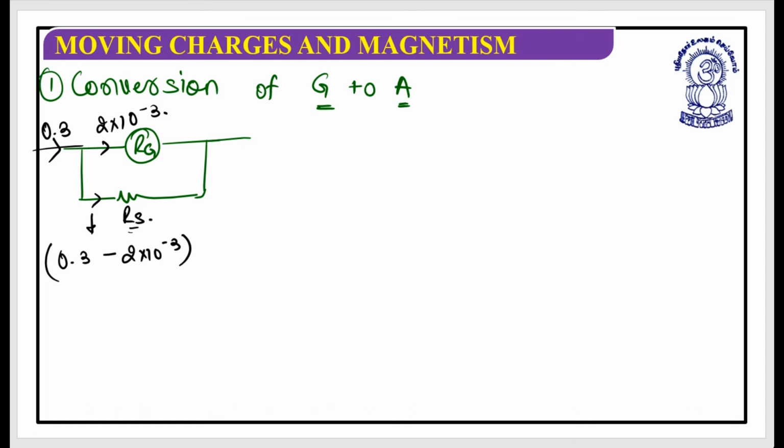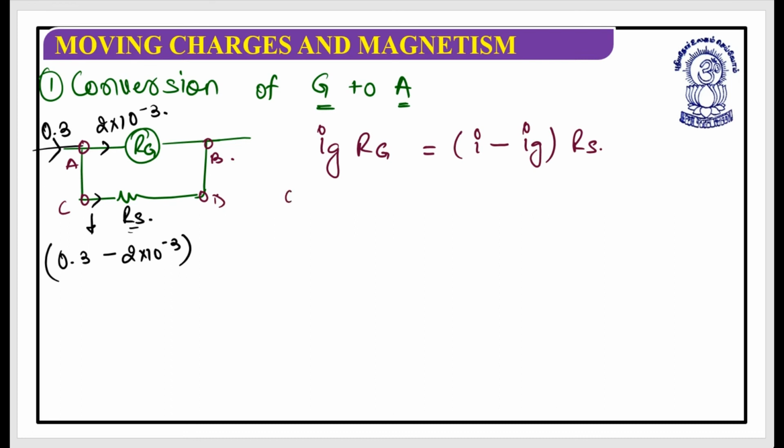If you don't remember any formula, it can still be done. Let's suppose this is A, this is B, this is C, this is D. This looks like a parallel connection. So Ig Rg should be equal to (I minus Ig) multiplied by the shunt resistance.